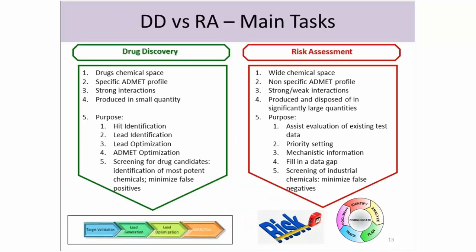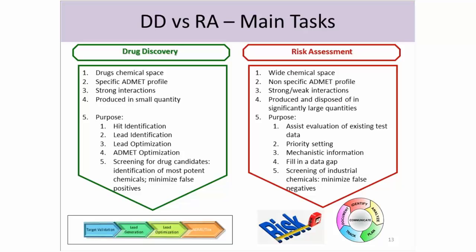And this is the last point that we evaluated: the main task, how in silico methods are applied within drug discovery and risk assessment. In drug discovery, the idea is to find the most active drug towards a given receptor.